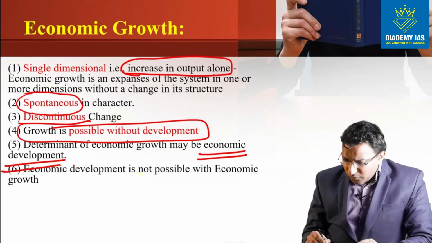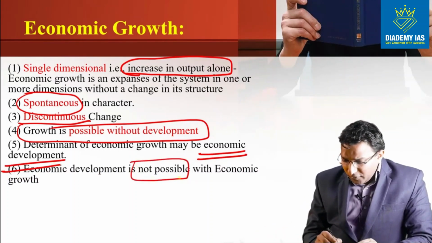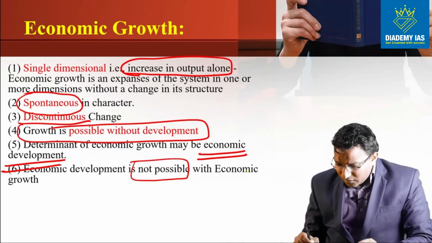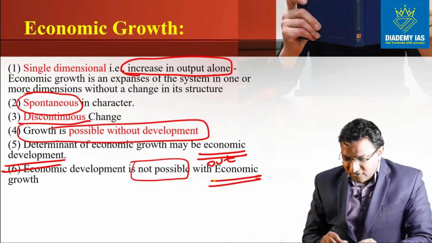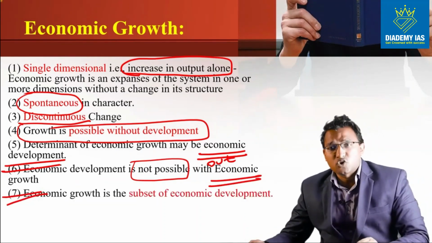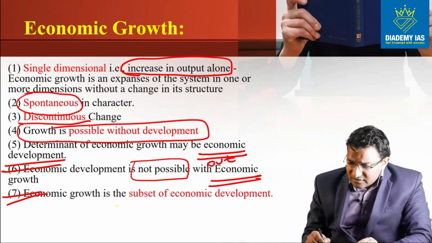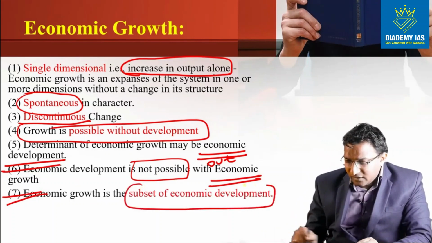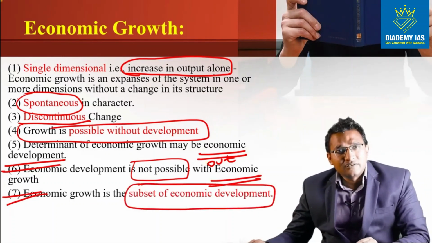Economic development is not possible without economic growth. So this is very, very crucial. So without economic growth, economic development is not possible. Economic growth is a subset of economic development, right? So I think now the concept is very, very clear to you.